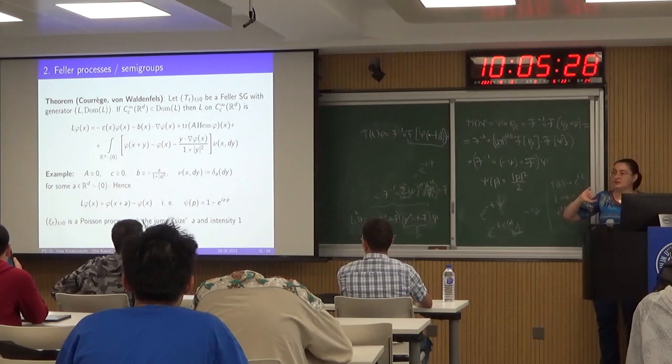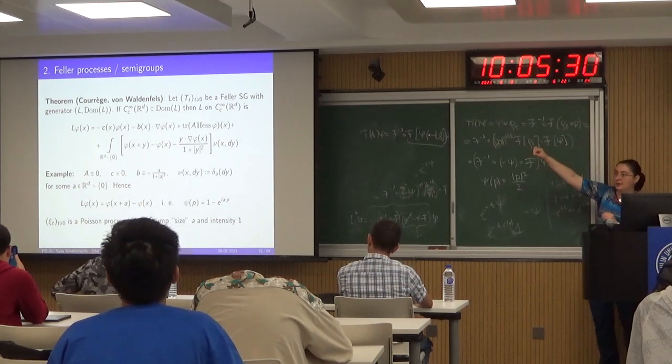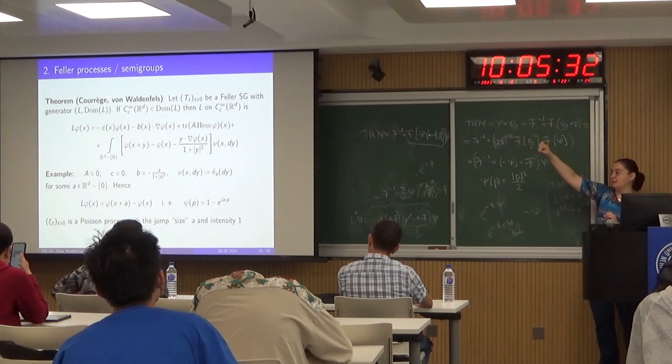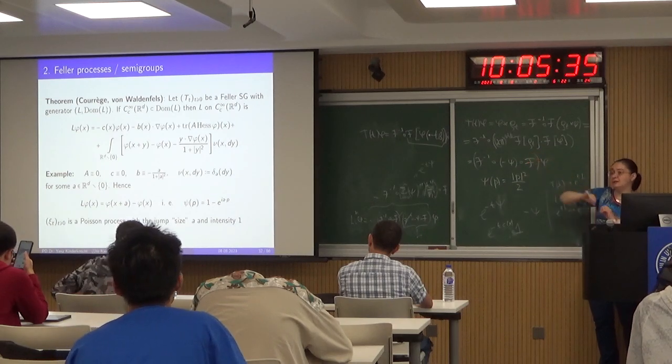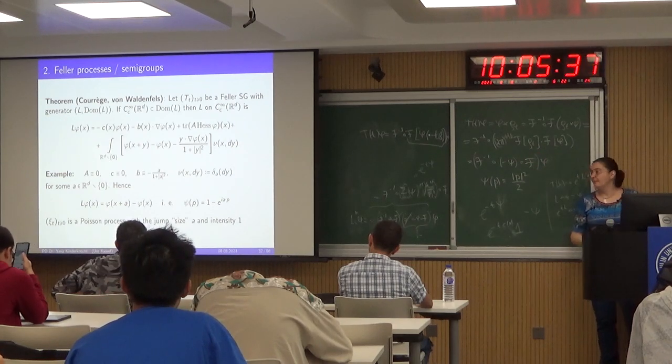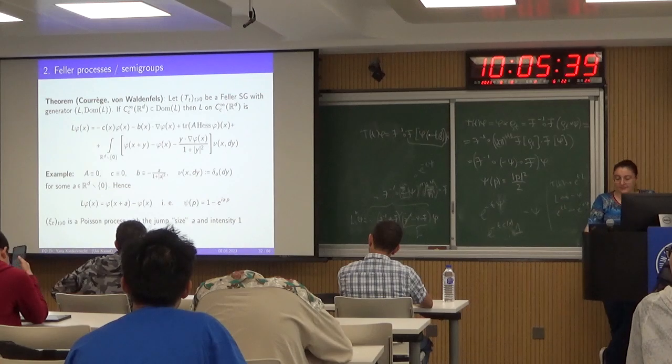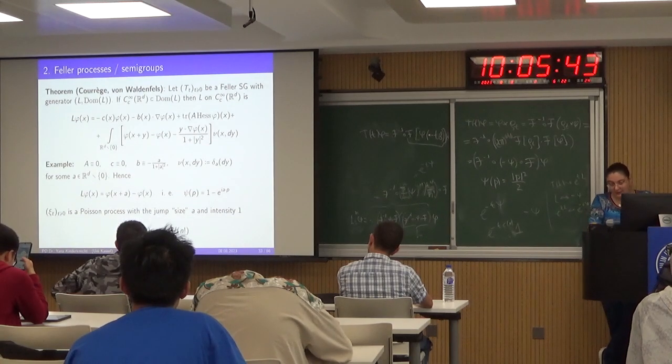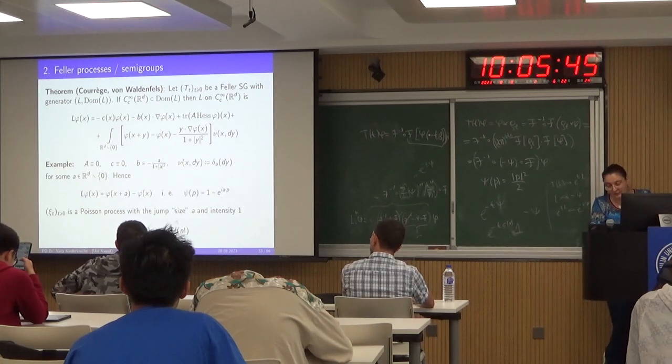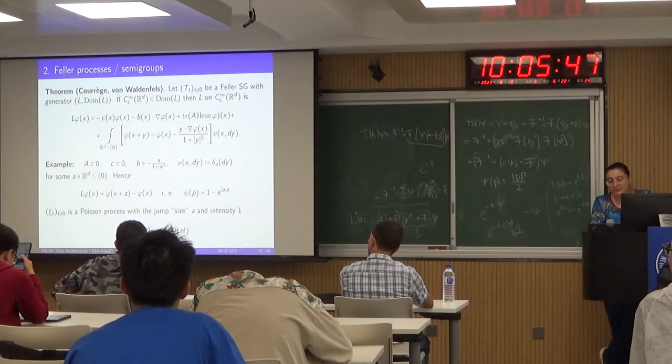That is, our process in R^d may jump by a vector A, so in the direction of A, with size the norm of A. This is the probability that my process takes value nA.